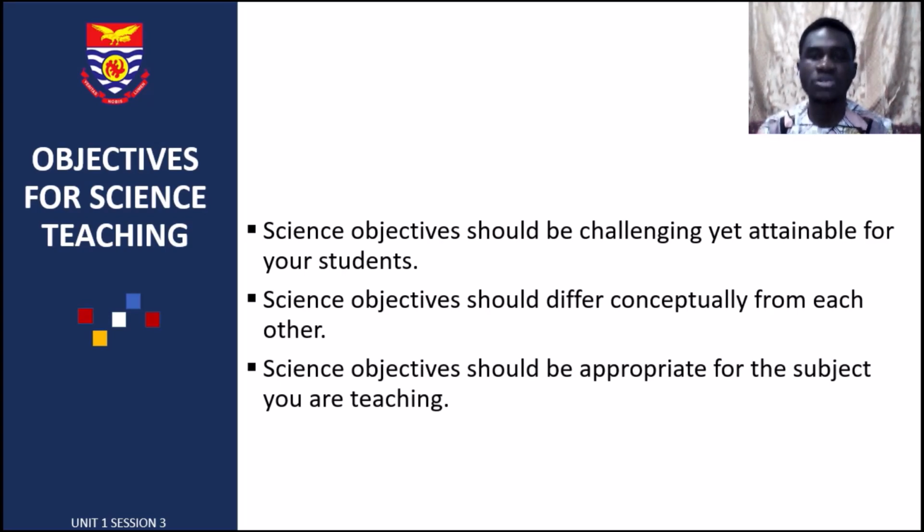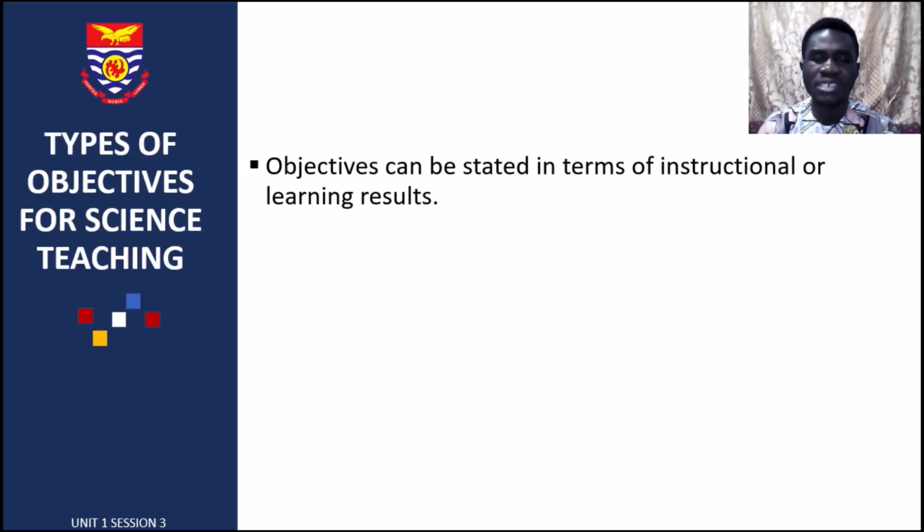And science objectives should be appropriate for the subject you are teaching. So if you are teaching physics, the objectives that you state for physics must be appropriate for physics.